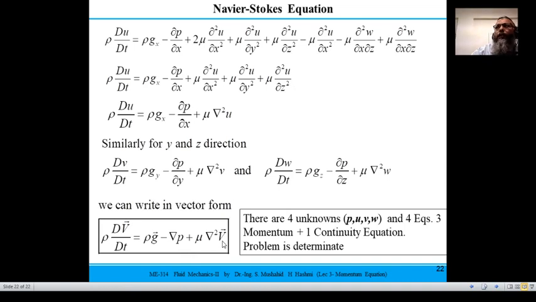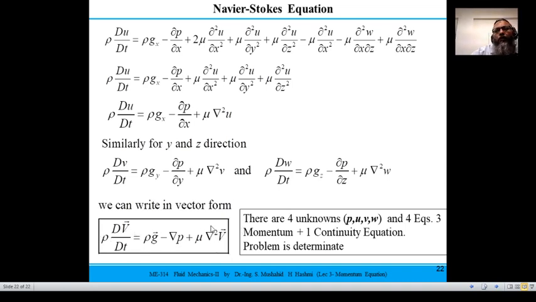So the Navier Stokes equation is a combination of a fundamental equation, the momentum equation, plus the constitutive relation of Stokes. And obviously we have used the continuity equation in our derivation. Using all these equations results in what is called the Navier Stokes equations.